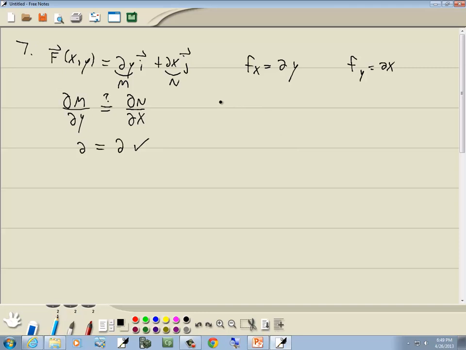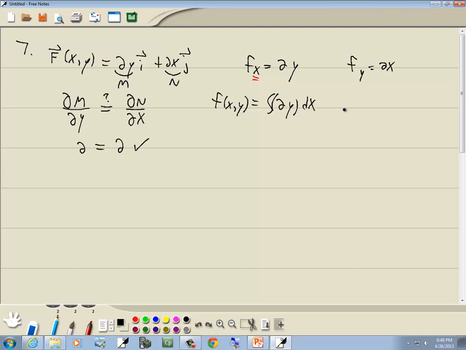Well, to go backwards and find our function, we're going to take the integral of 2y with respect to x. It'll always match whatever we got right here.